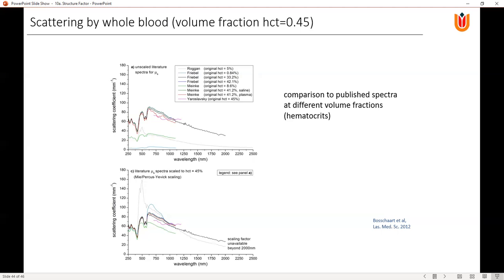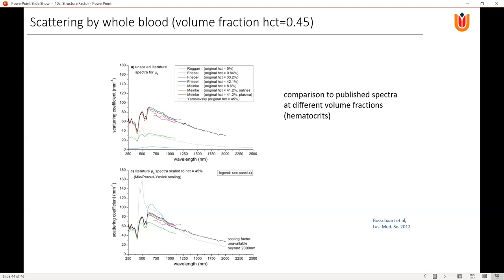Whereas what we've seen in the graph of scattering coefficient versus volume fraction is that the actual relation was at the very least not linear. So scaling that linearly would probably be a bad idea. It would not give you good results.